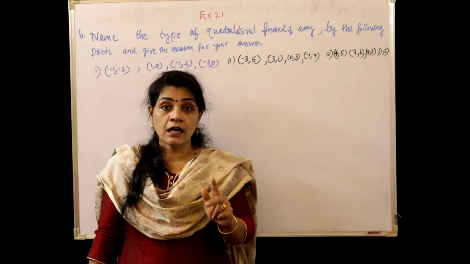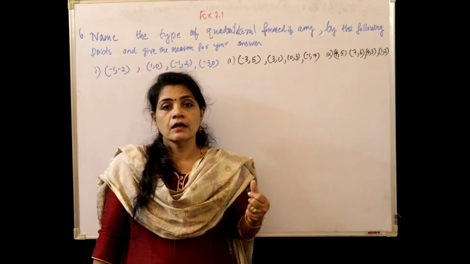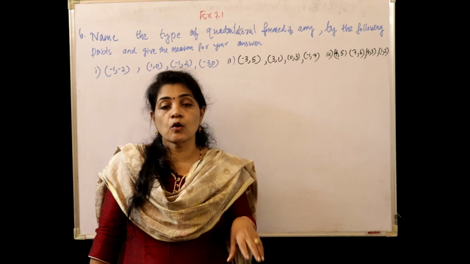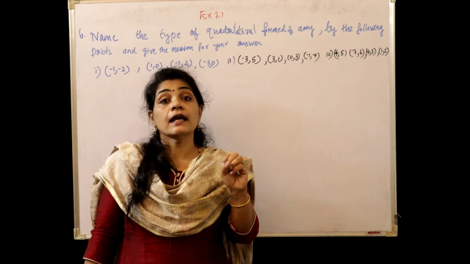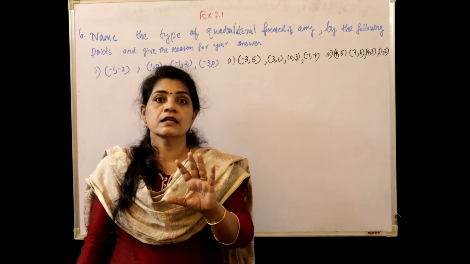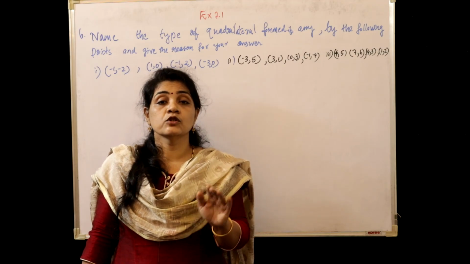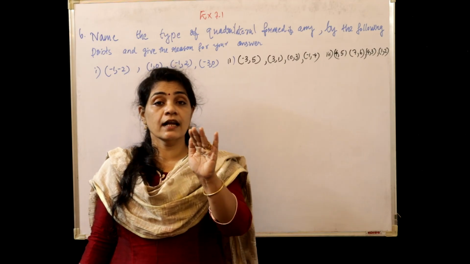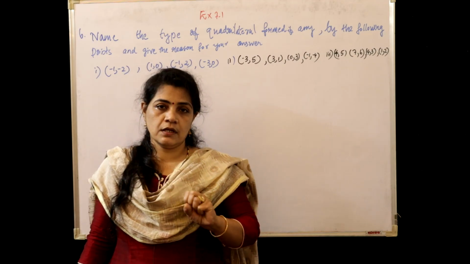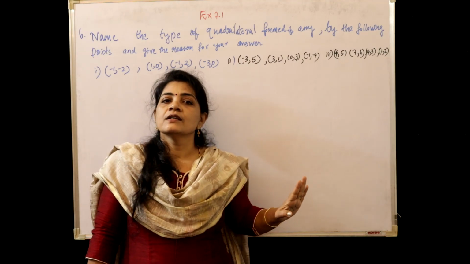Parallelogram we know, rectangle we know, and square: how can we show that this will form a square? We already have seen in the previous question, all sides are equal and diagonals are also equal. And for a rhombus, all sides are equal but diagonals are unequal. If all sides are equal and diagonals are equal, it will be a square.